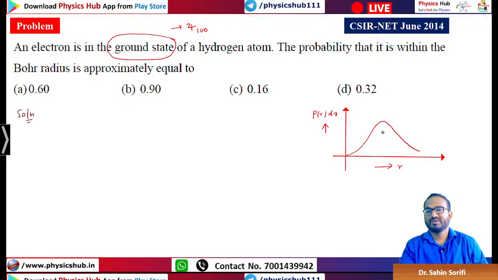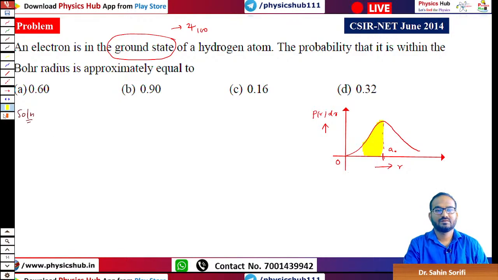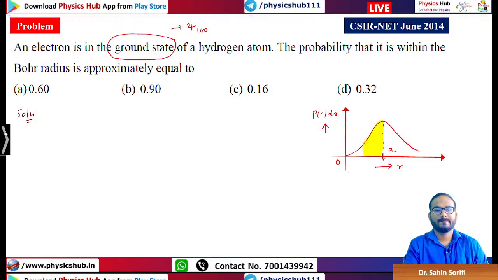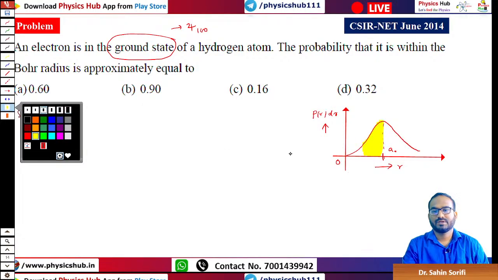So what is the probability that it will remain within the Bohr radius? Within the Bohr radius means up to a naught, isn't it? So you have to find out the area of this thing. Physically, if you think, it is talking about this area. This is the probability, right?